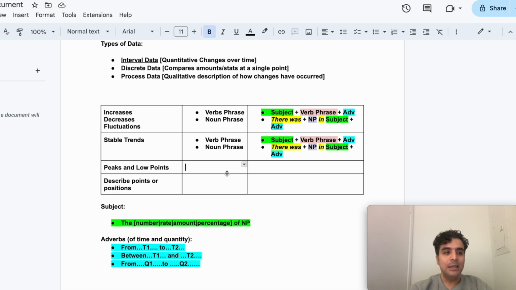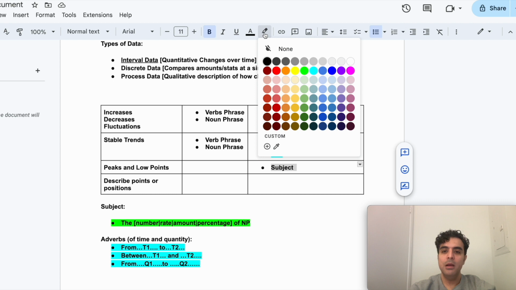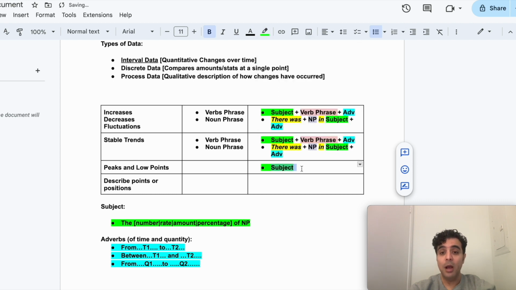So basically, you start with the subject, right? So I'll leave the structure here. We have the subject, which is going to be color-coded in green, because it's identical to the structure that we have used before.